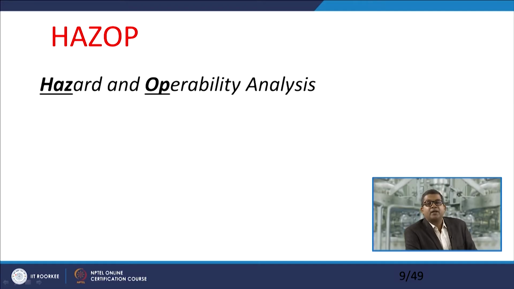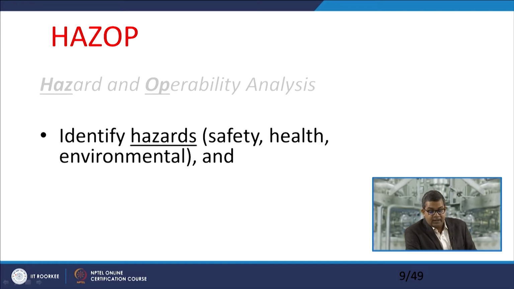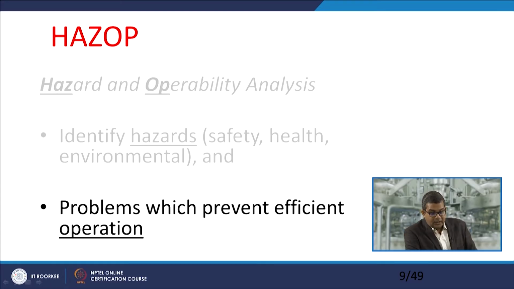Sometimes you need to carry out the HAZOP analysis. So you need to find out the hazards and how you can deal with those hazards. Identify the hazards with respect to safety, health, environment, and the problems which prevent efficient operation.